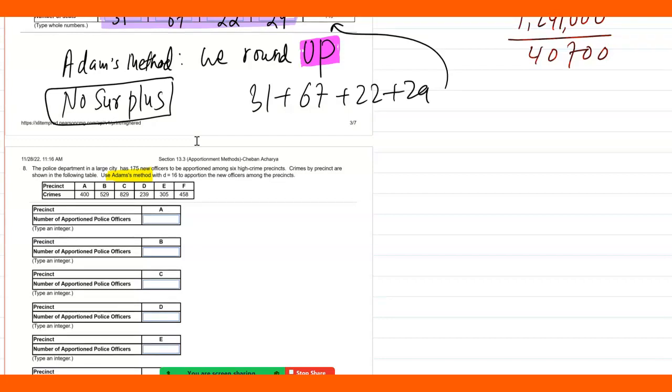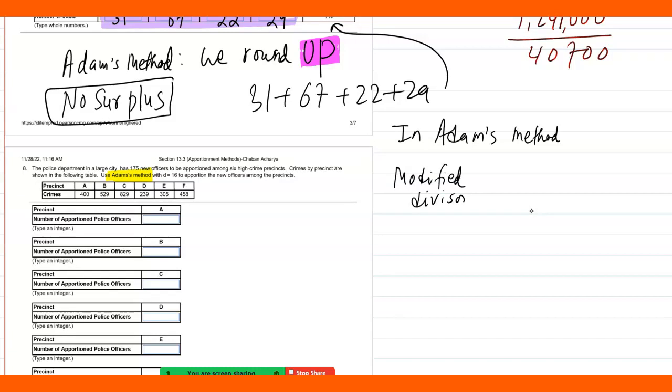In Adams method, modified divisor is slightly greater than standard divisor.